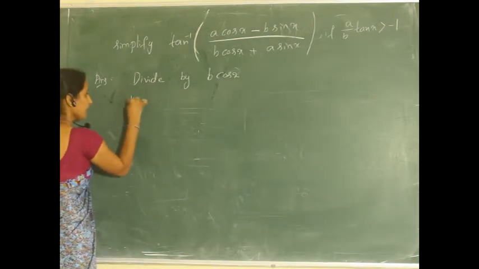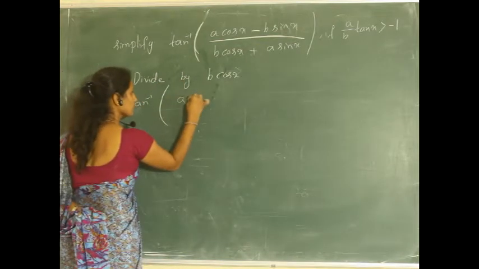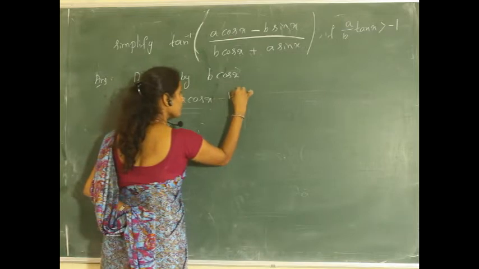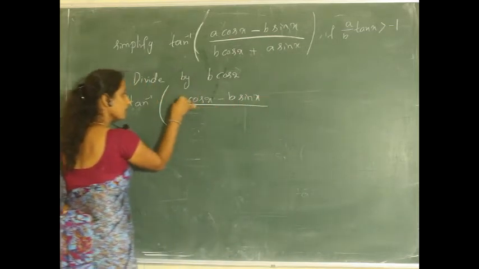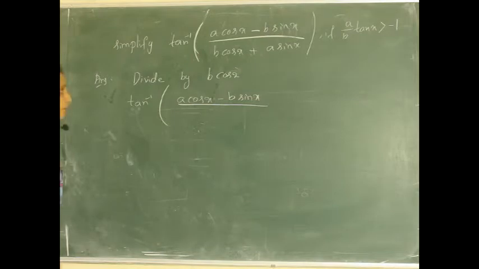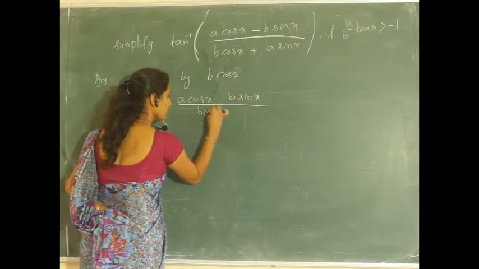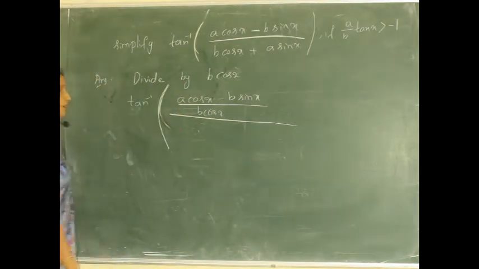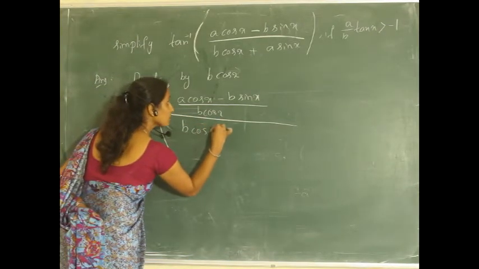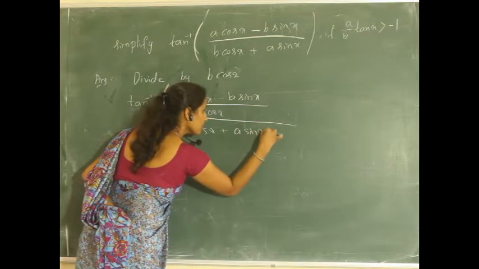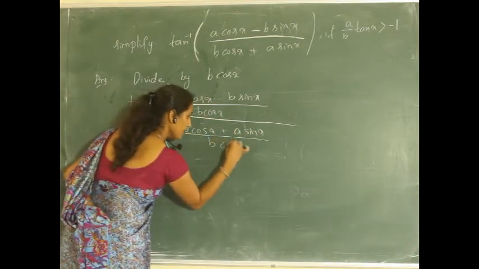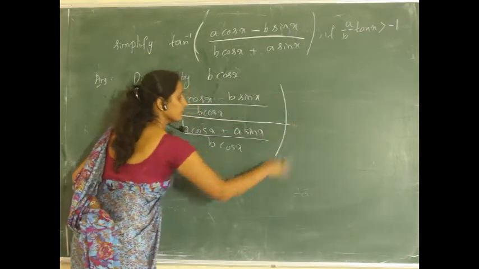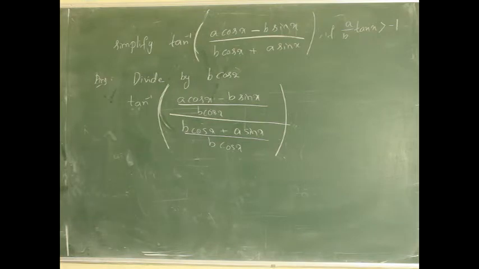What we get is tan inverse of (A cos x minus B sin x) divided by B cos x, whole divided by (B cos x divided by B cos x plus A sin x divided by B cos x).